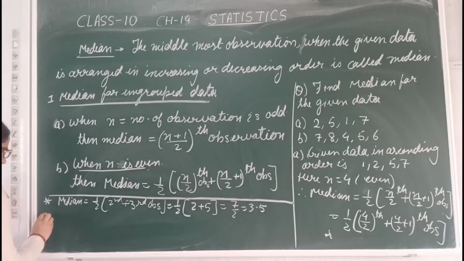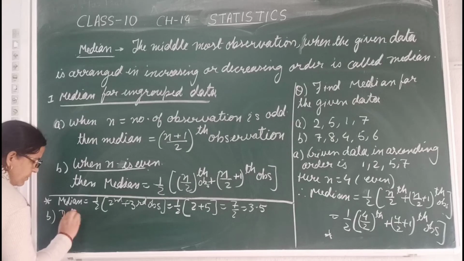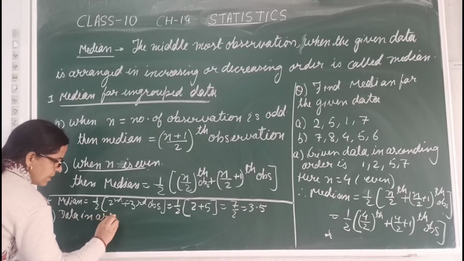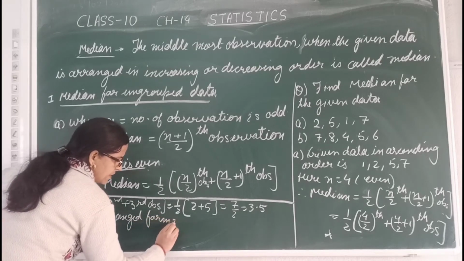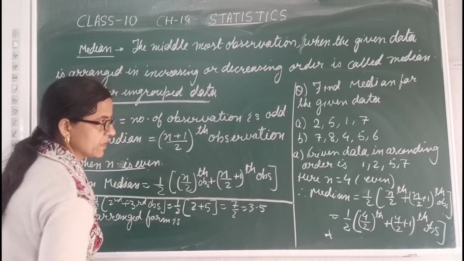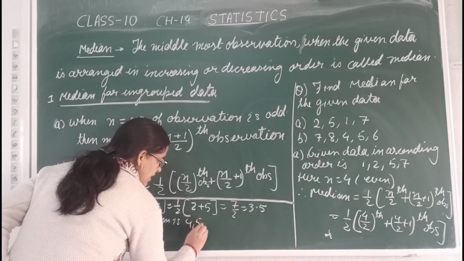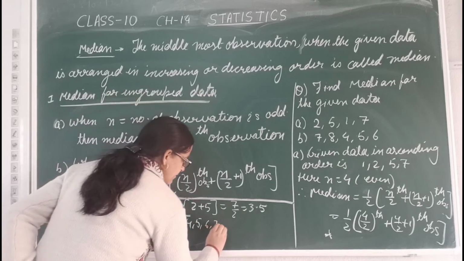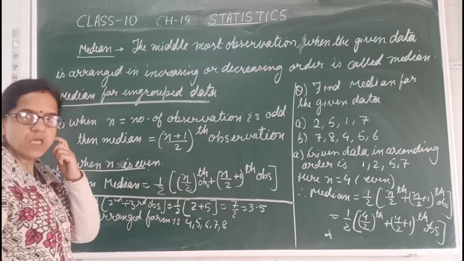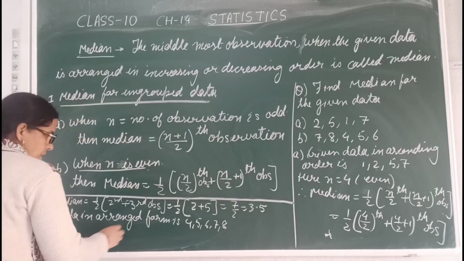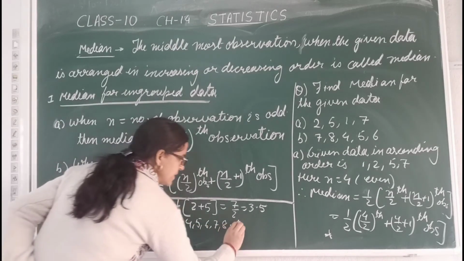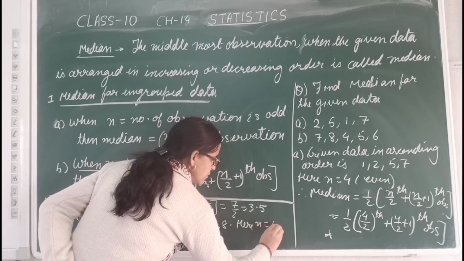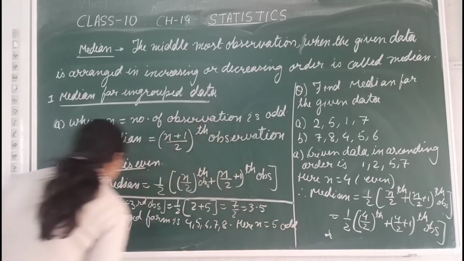Now number B. Again, data in arranged form. Arranged form is, let us arrange it, 4, 5, 6, 7 and 8. So here we have to find the median value. Here only I am writing because space is less. Here n equals 5, that is odd.